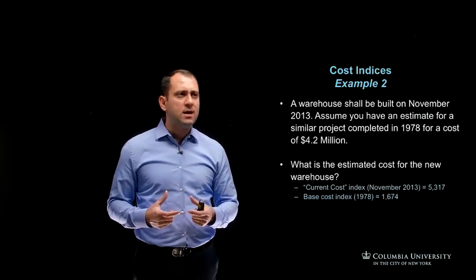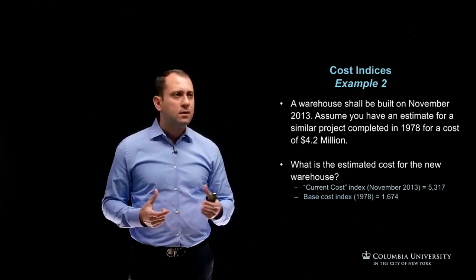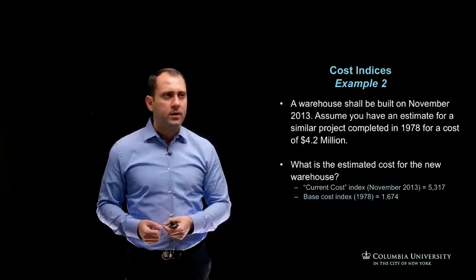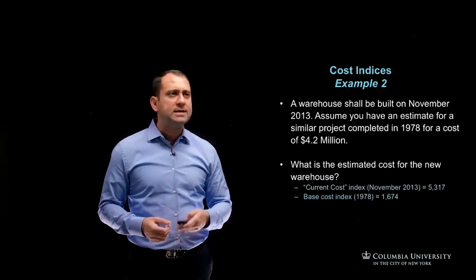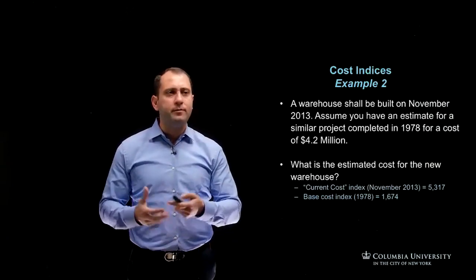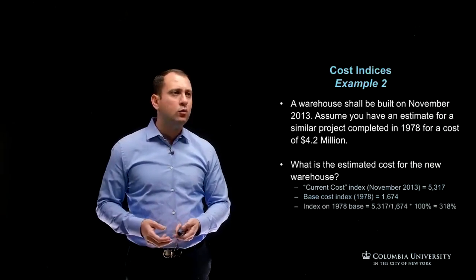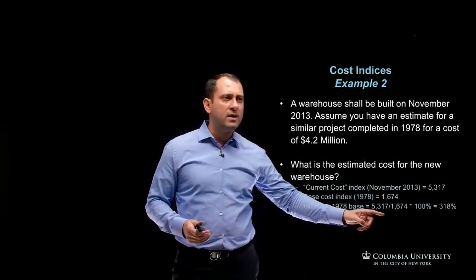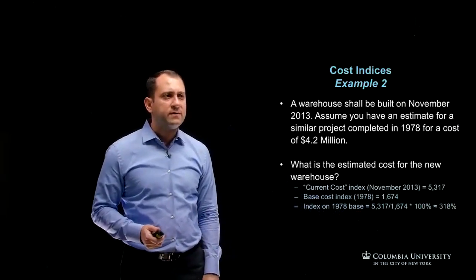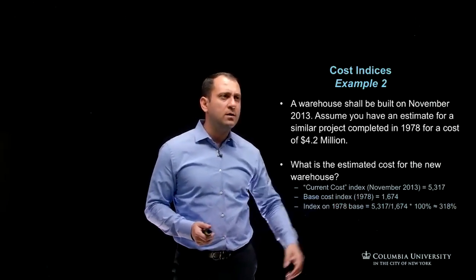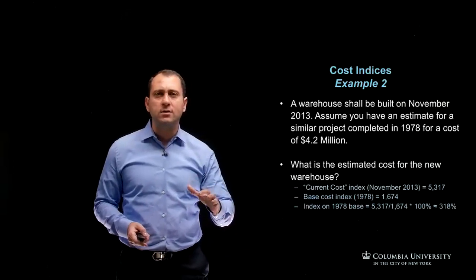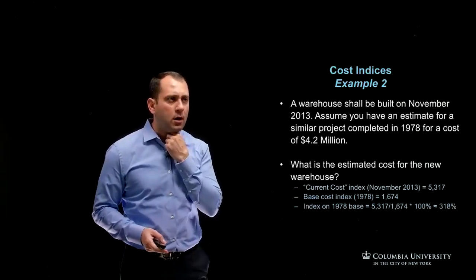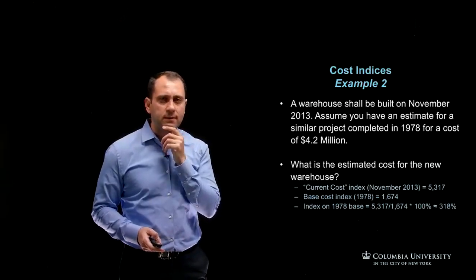And the base cost index in 1978 was 1,674. So based on that, an estimated cost for building the warehouse would be the 5,317 divided by the base of 1978 times the 100%, so you have kind of an increase on that constant package of these four components that I was talking about of around 318%.